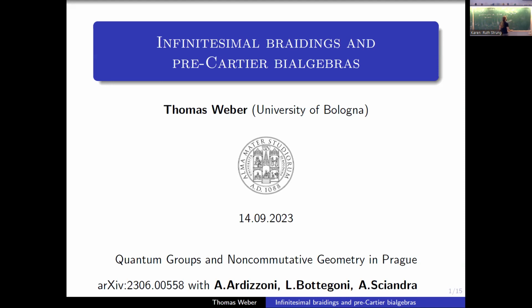Here we have the tensor product, and the R will give us some braiding. What we are going to do in this talk is add something to this picture: an infinitesimal R matrix.